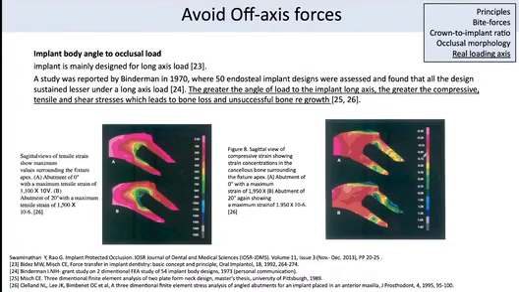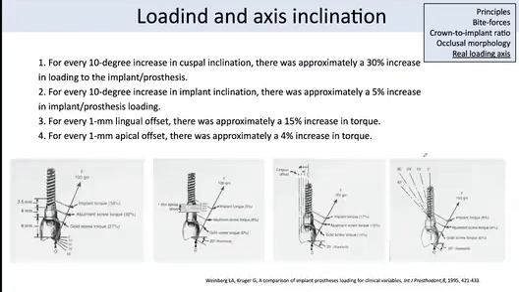This question is not frequently on the table. Loading and axis inclination is clear. When you have forces on the peripheral part of the crown, the direction of the force is like this, with an important moment of force.